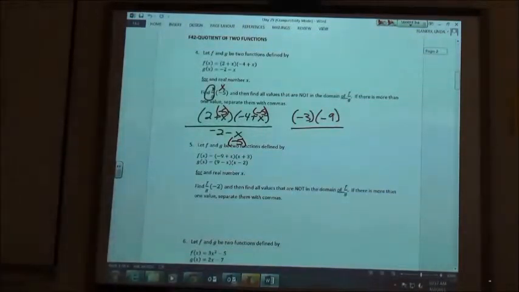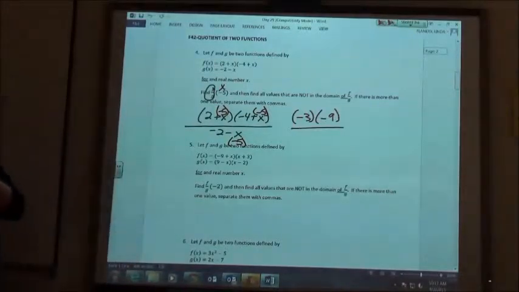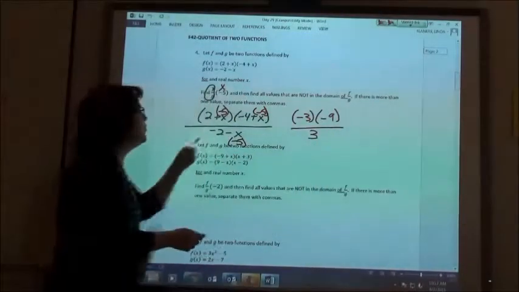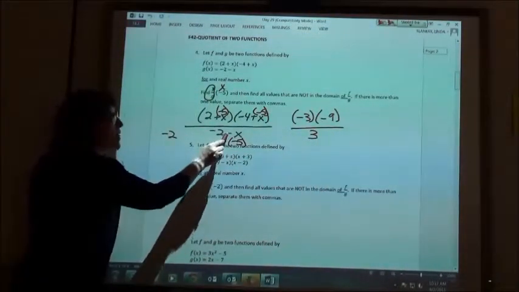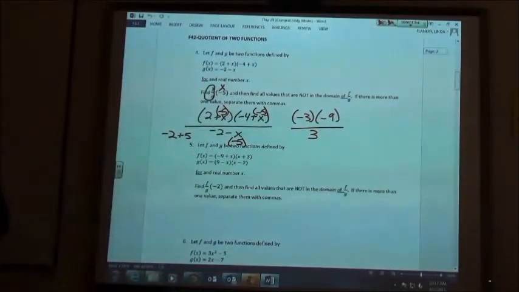Negative 2 minus a negative 5 is 3, because when you do minus a negative, it changes it to a positive.